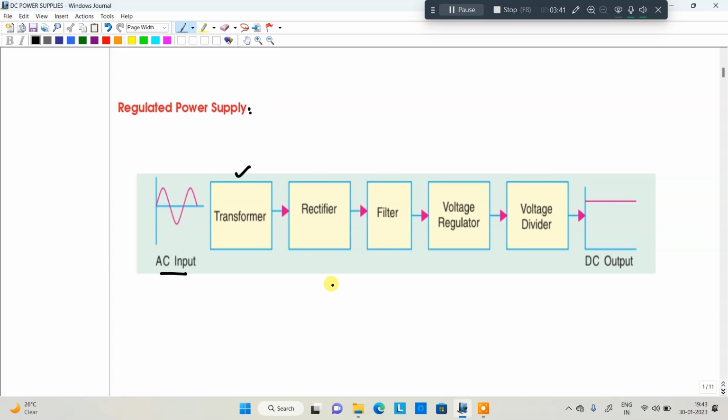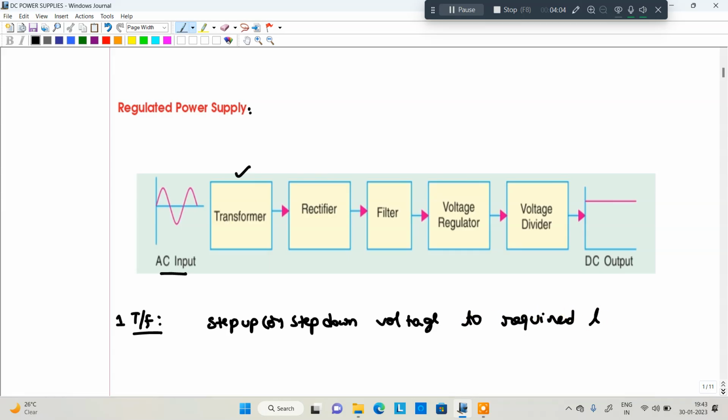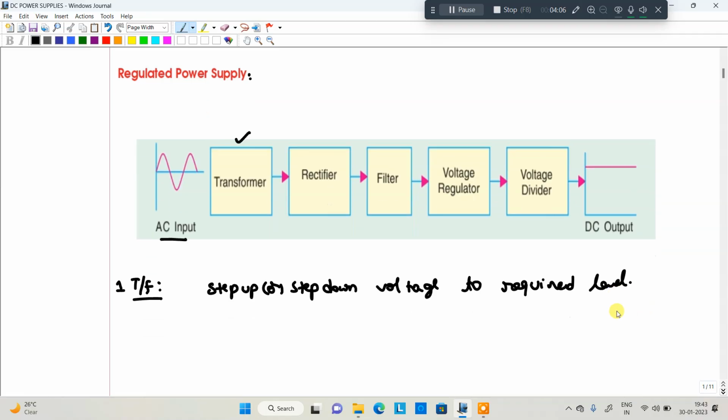What is the transformer doing? The transformer steps up or steps down the voltage to the required level. So that is the first one.